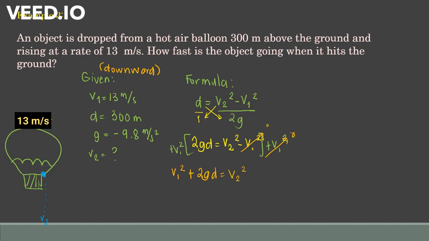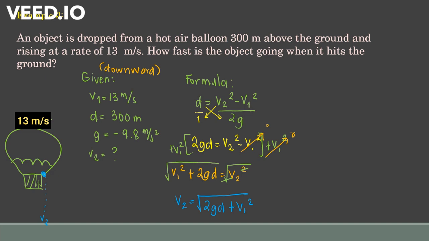Further simplifying, we have to remove the square, so we will put a square root so that we can cancel it. If we rearrange our formula, it becomes v sub 2 equals the square root of 2gd plus v sub 1 squared.